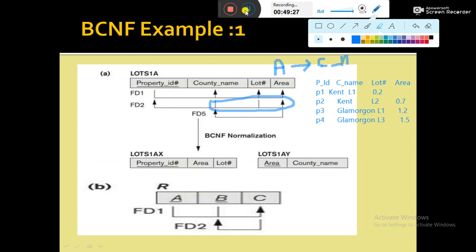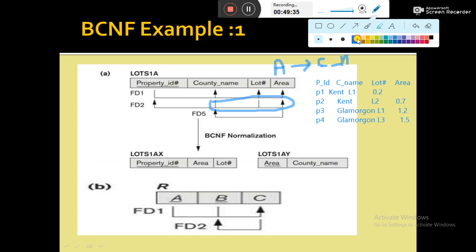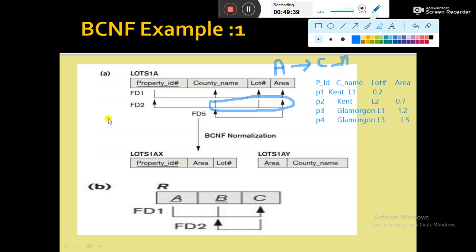We have to check whether it is in BCNF or not. Again I am repeating the condition of BCNF and 3NF. Let me write it over here.